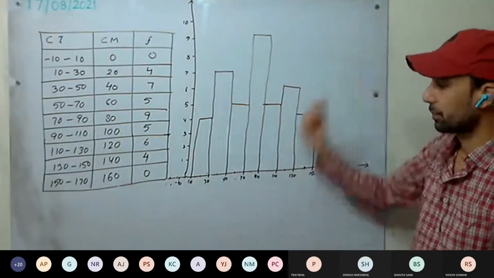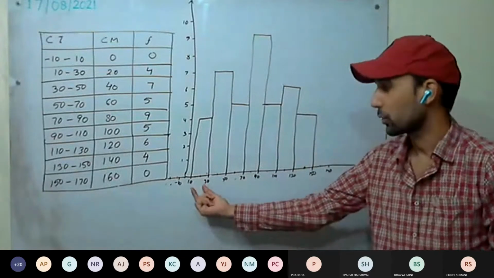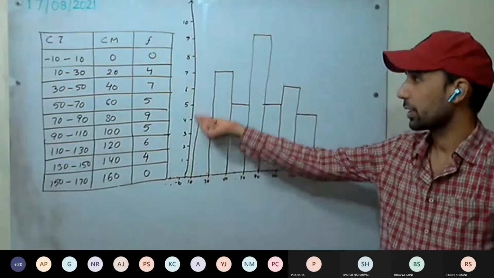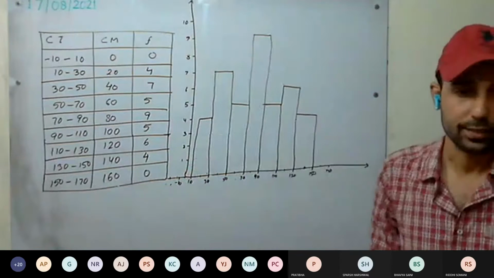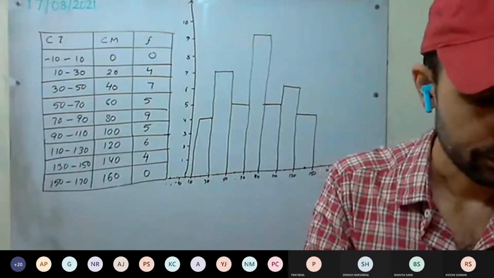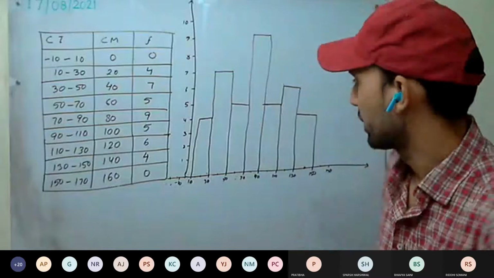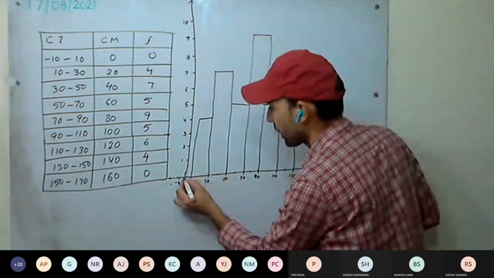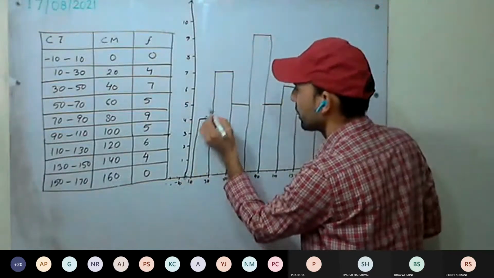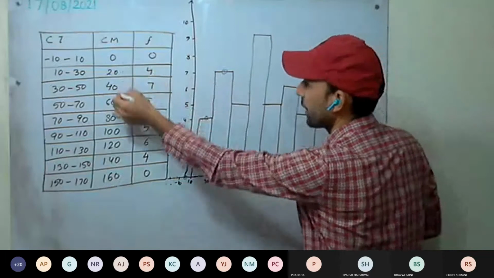The scale you will write: 1 centimeter equals 20 units, and here for frequency we are taking 1 centimeter as 1 unit only. Now the mid values here. These are the class marks.